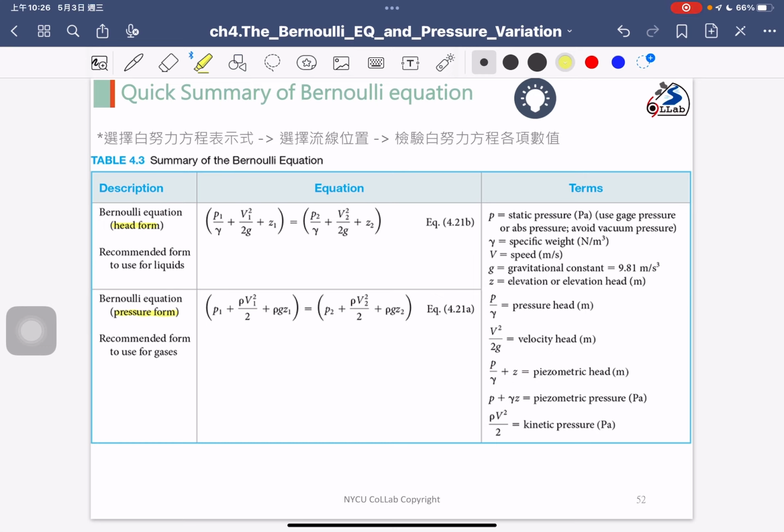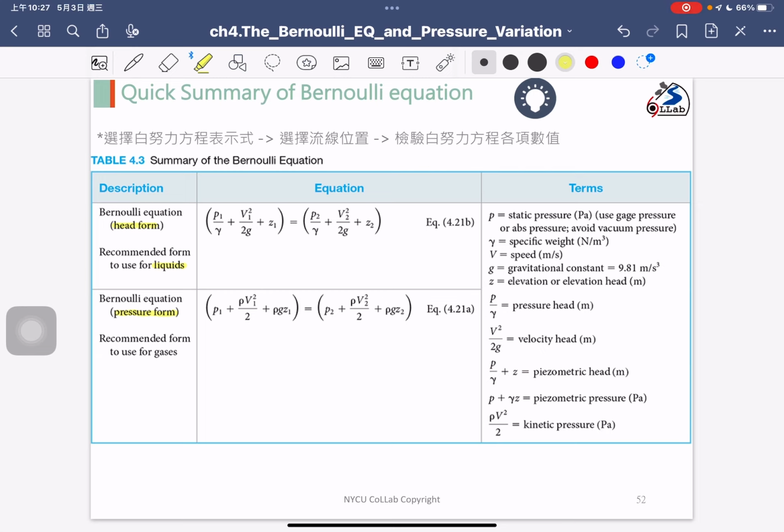And there are some recommendations if you apply different case studies. For example, the textbook suggests you use the head form for the liquid and the pressure form for the gas. But I guess it's no difference, it just depends on your question, what parameters you have.